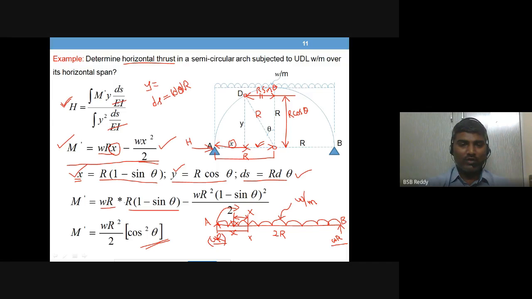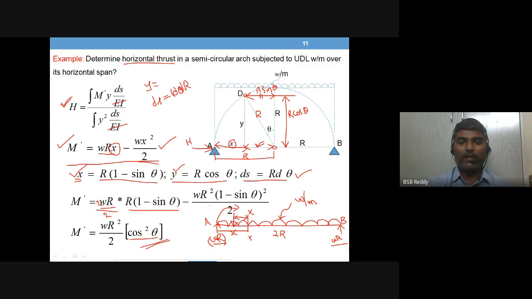If you want, just multiply this with the 2 and divide this entire by 2, so wr square by 2 will come out. So 2 minus 2 sine theta. All that you have to go for is a little simplification.